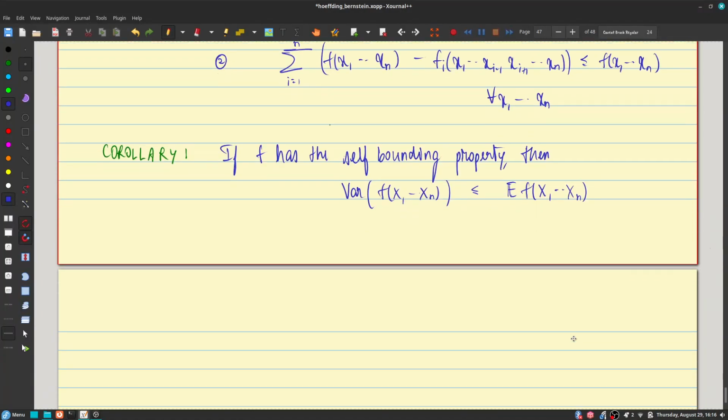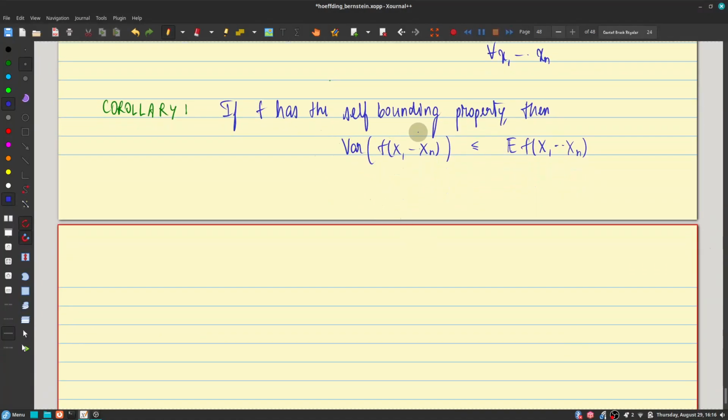Okay, so suppose I told you that the variance is less than or equal to the expectation. What does this buy us? What can you say about the probability that f of x1 through xn minus expectation of f of x1 through xn is greater than or equal to, let's say, delta times expectation of f of x1 through xn?